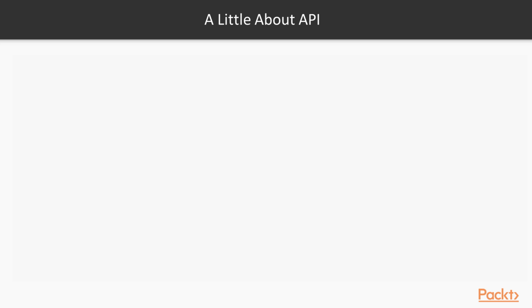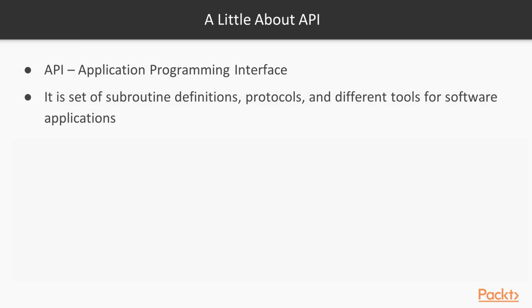So let's start. What is an API? API is an abbreviation of Application Programming Interface. It's a set of subroutine definitions, different protocols, and different tools for building application software.